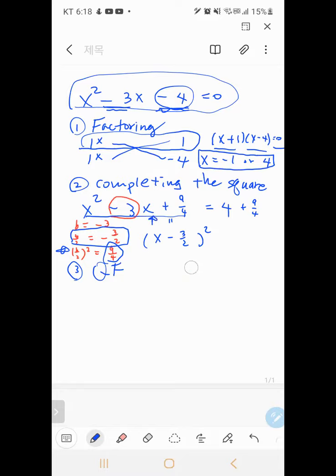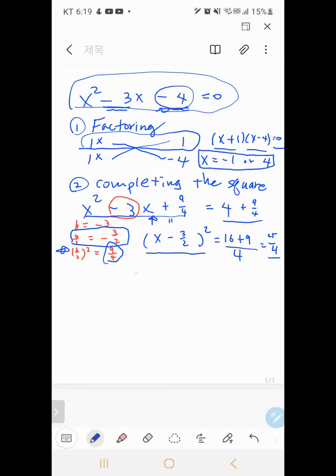Okay. Now we need to simplify the other side. So 4 plus 9 over 4 is going to be 16 over 4 plus 9 over 4, which is 25 over 4. Okay, so we have x minus 3 over 2 squared is 25 over 4.